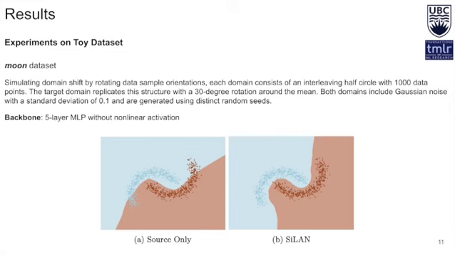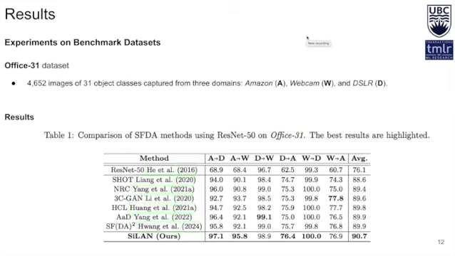Both domains include Gaussian noise with a standard deviation of 0.1 and are generated using distinct random seeds. The backbone network we use for the toy dataset is simply a 5-layer MLP without any nonlinear activation. As you can see from the results below, our CLAM can successfully derive decision boundaries between the two domains.